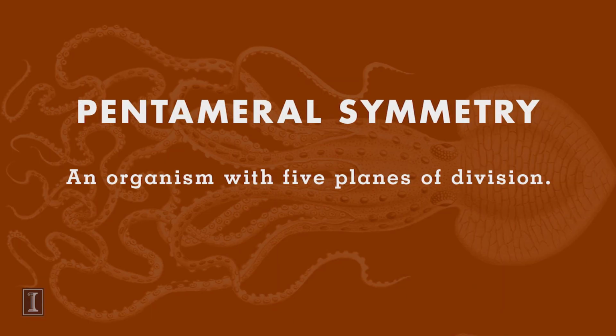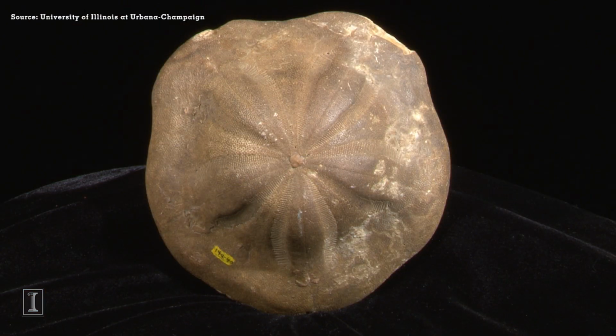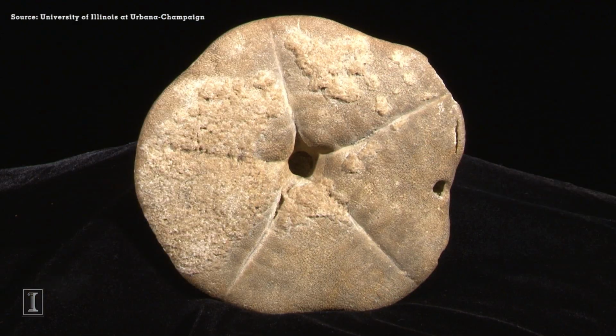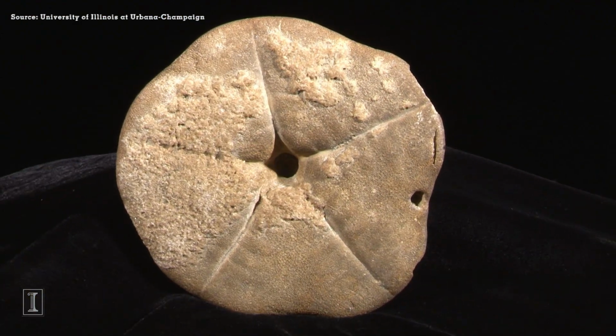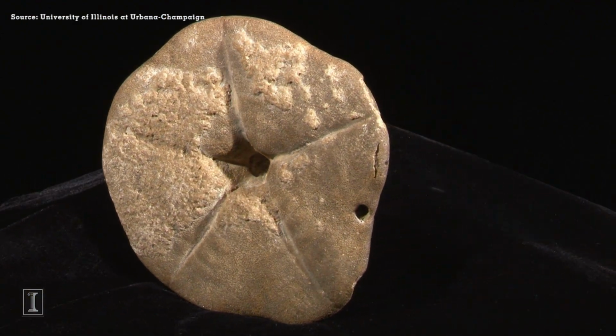A more specific form of radial symmetry is called pentameral symmetry. Pent or penta refers to the number 5. Pentameral symmetry is a type of radial symmetry where there are 5 equal pieces. If I'm counting the pieces on this specimen, and actually the back kind of gives it away, you can count 5 areas that are the exact same as the one next to them, or mostly.